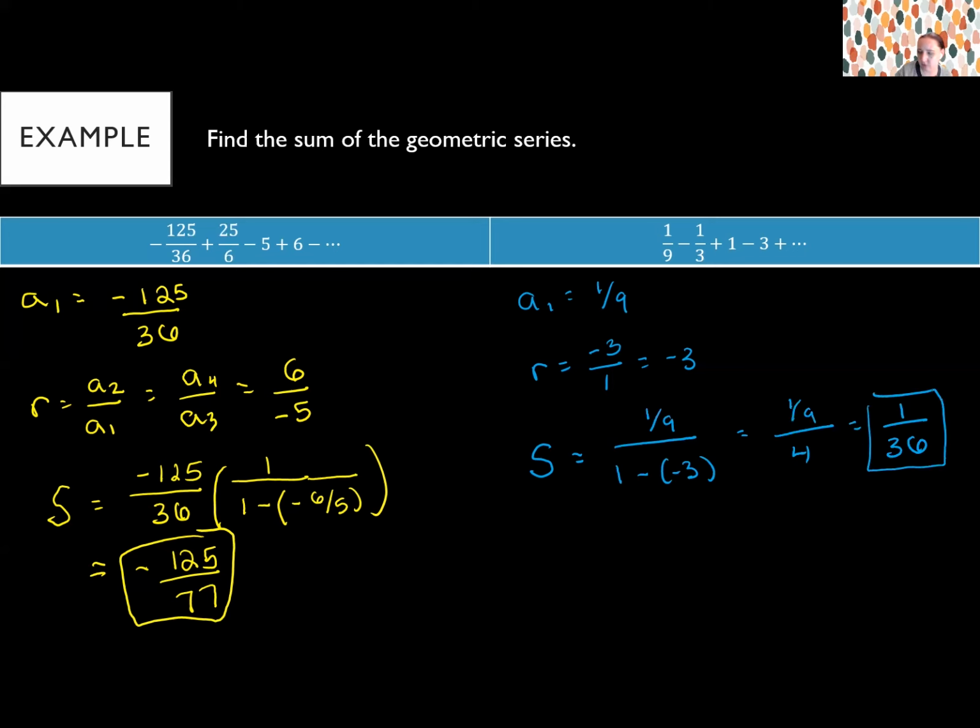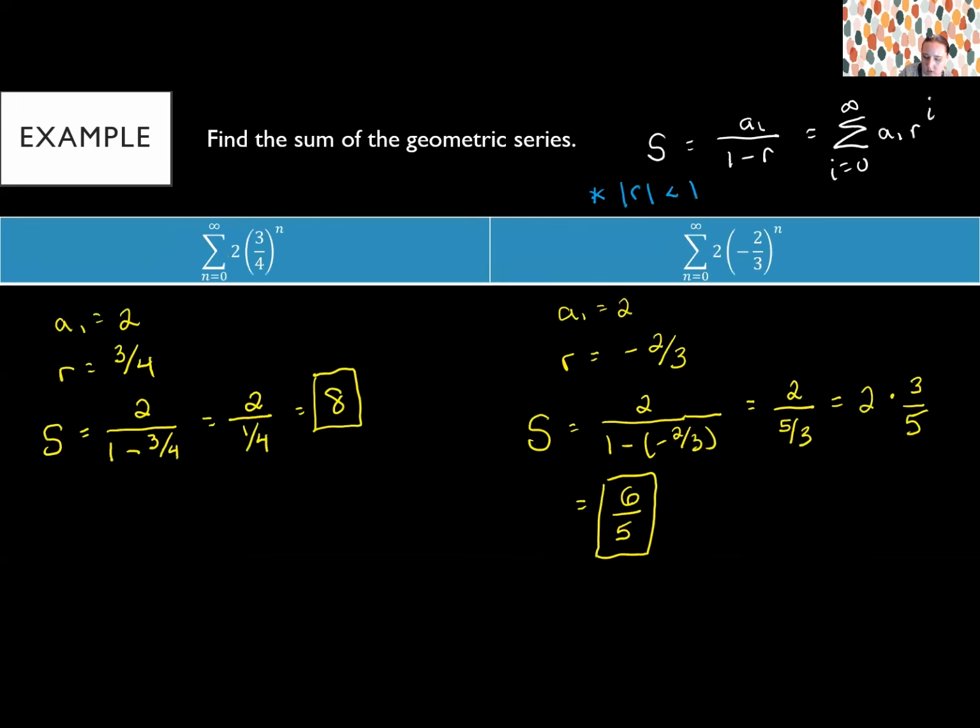So these were the two answers we got for the sums. Now, what I want to point out to you is, remember that I said over here that we want R to be less than 1. And I said you're never going to get ones where R is going to be greater than 1.